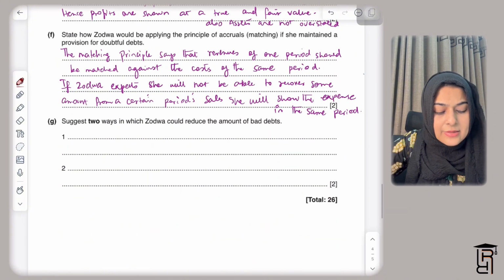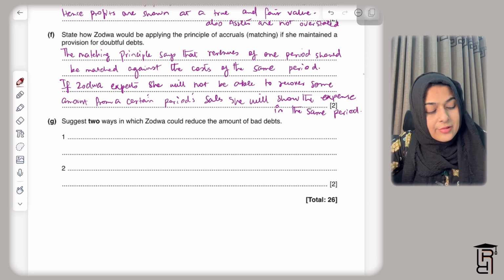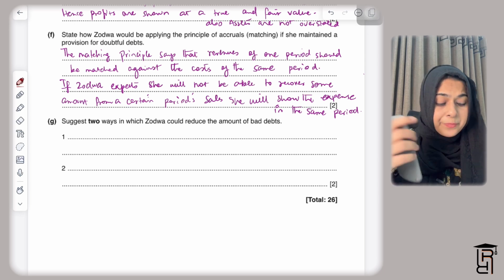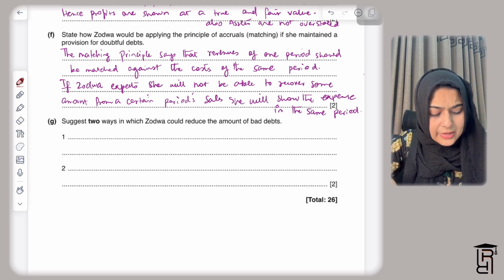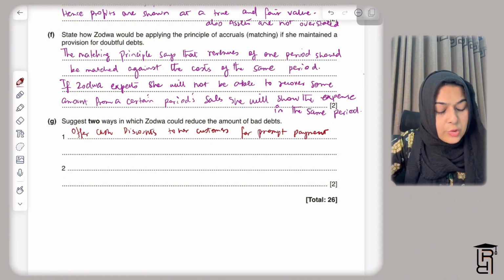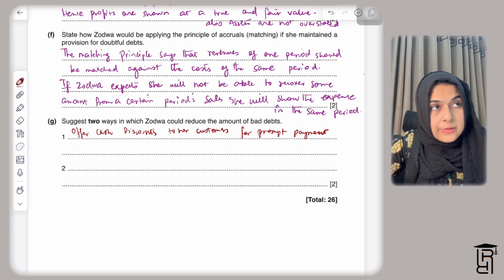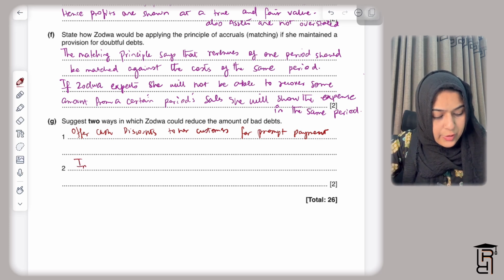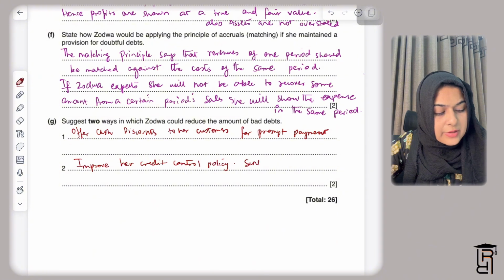In the next part, they are saying suggest two ways in which Zodwa could reduce the amount of bad debts, irrecoverable debts, the new terminology. So there are two ways. One is that she can offer cash discounts to her customers for prompt payment. And point number two would be that Zodwa can improve her credit control policy and send reminders to customers.